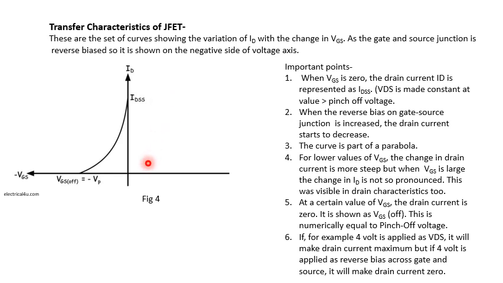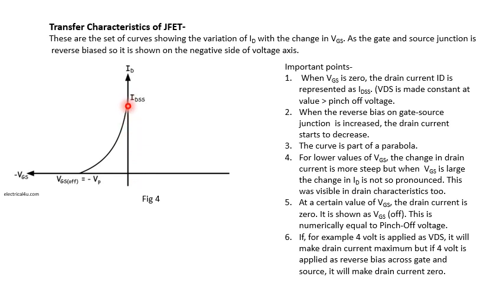So we know that at the origin VGS is 0, and when VGS is 0, the current is IDSS, because the FET is operated in the saturation region. So the value of drain current is maximum, that is IDSS, the value of drain current with shorted gate. So at VGS equal to 0, the drain current is IDSS.